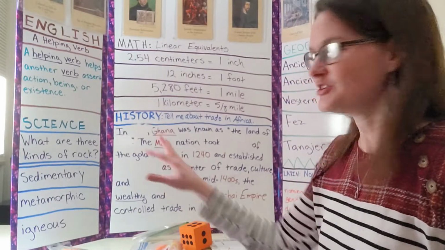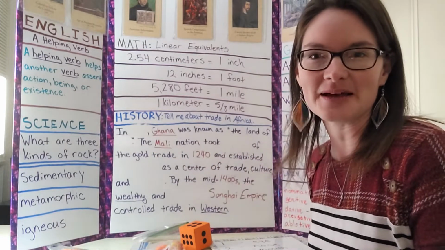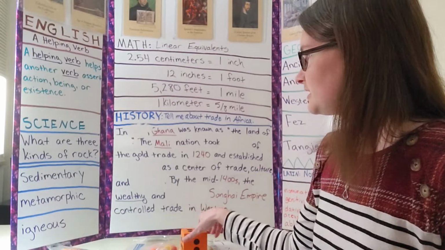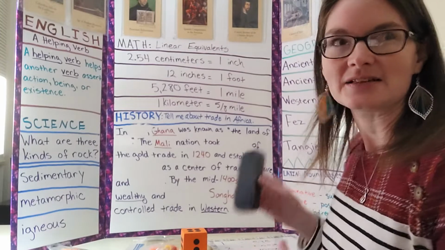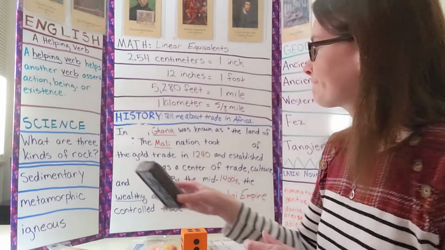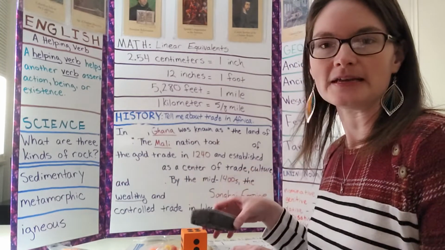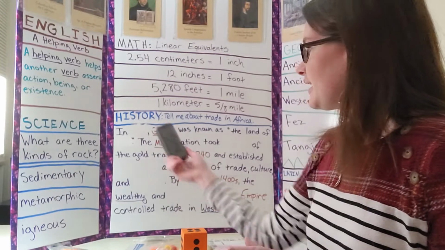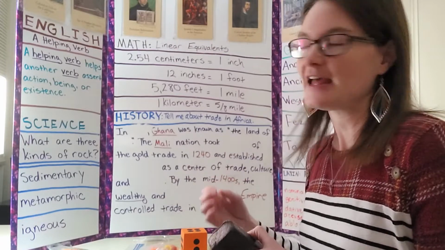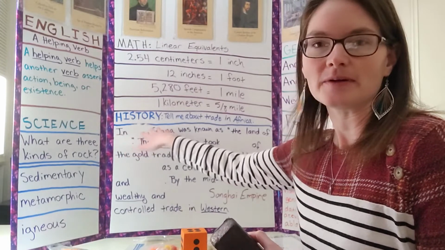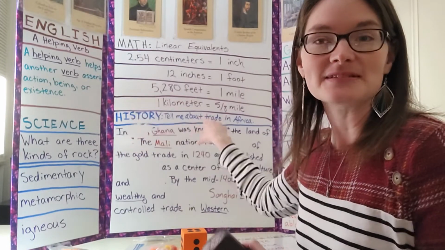For history, you can see I haven't put the words back up yet, but since this one is a really long sentence, I wanted to help them memorize it. We read through it once, and I had them repeat it after me. Then I erased a word, and we listened to the song, and I would pause it right before we got to that word and have them say it.